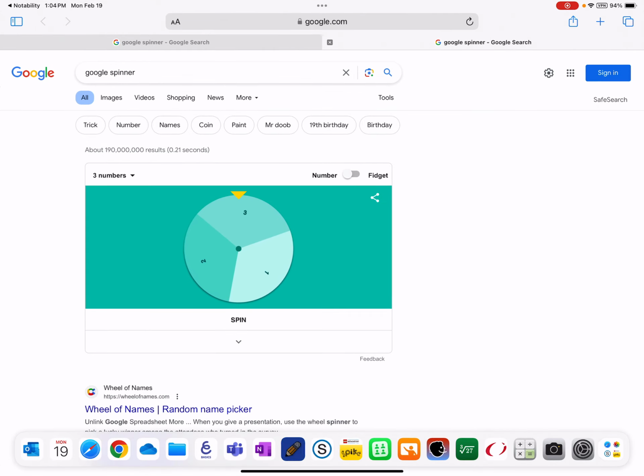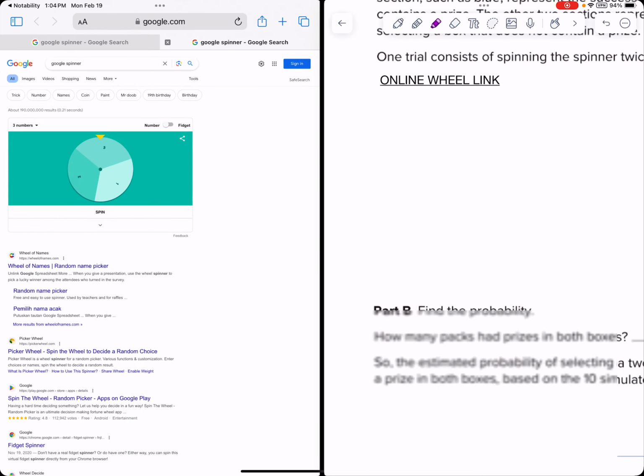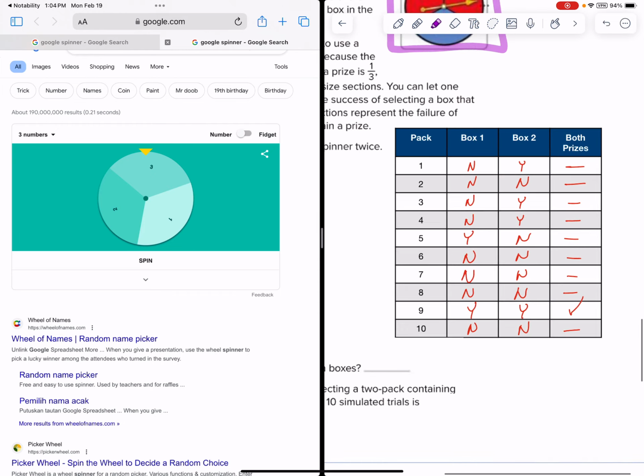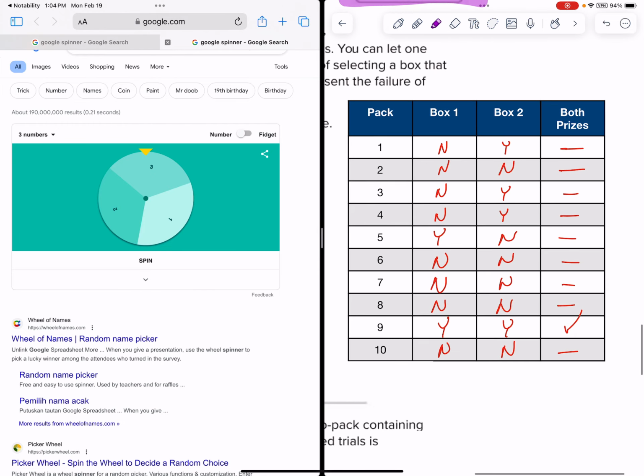So let's go ahead and bring up Notability, and I'll just walk you through what I mean by that. Okay, so we have our spinner, and here's our data. So pack 1 means that we have a 2-pack. Okay, so this is a 2-pack. And so basically you're going to spin to simulate opening up one of the boxes.